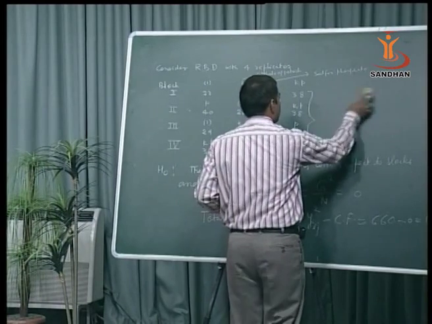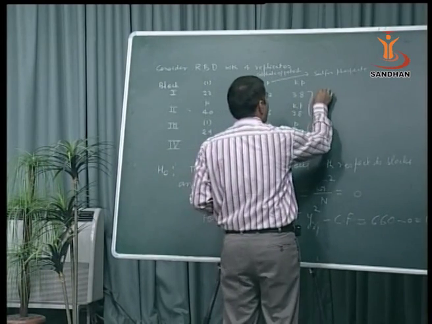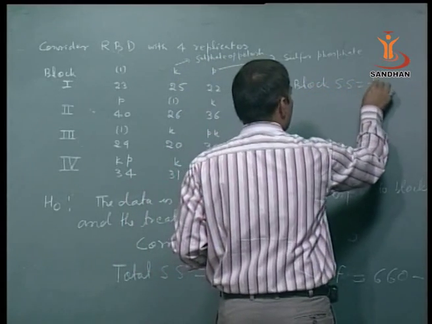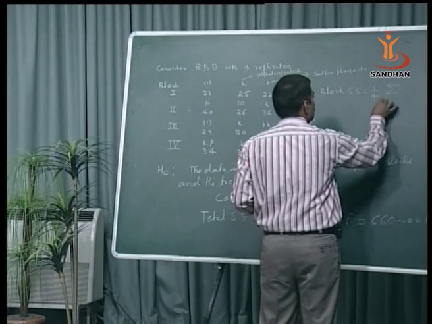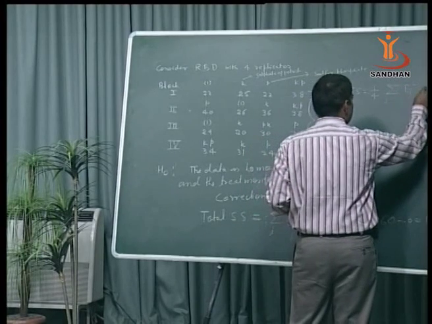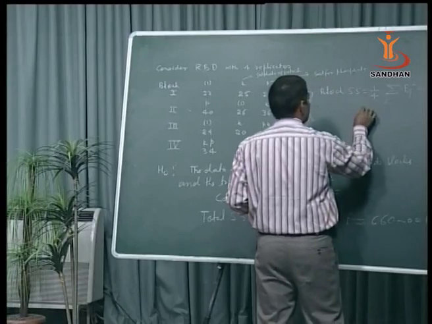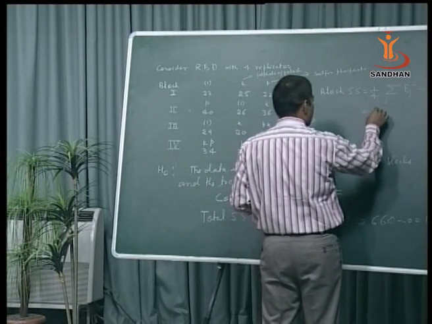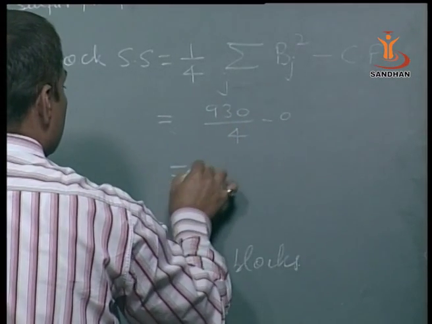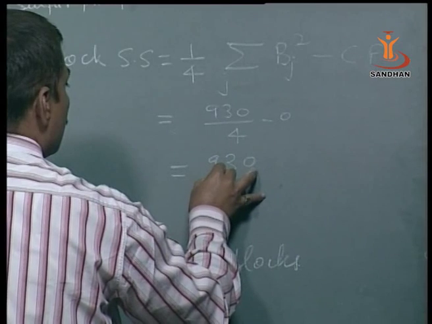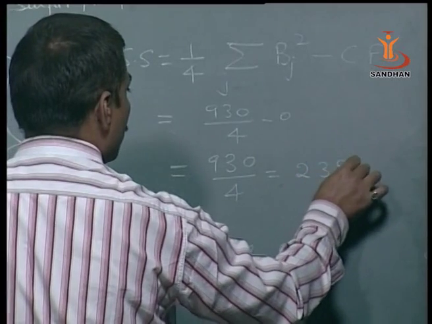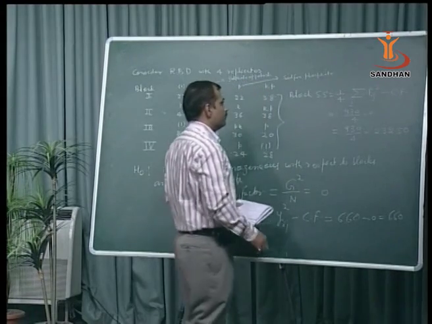Now block sum of squares is 1 by 4 sum over j, that is bj square minus CF. This is 930 over 4 minus 0, that is 930 over 4. This is 232.50.